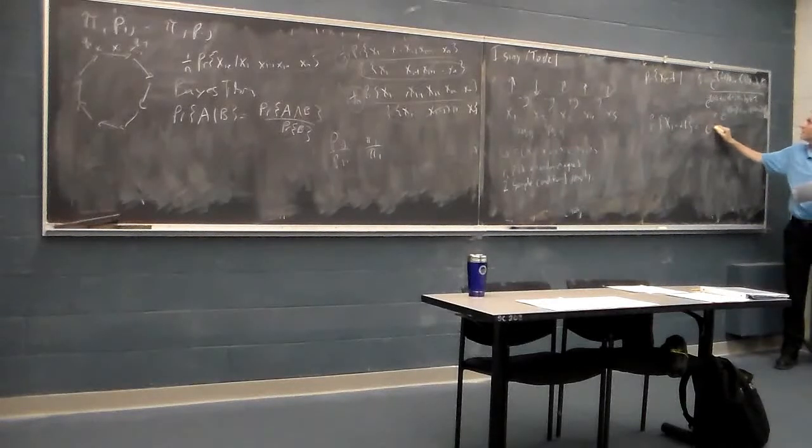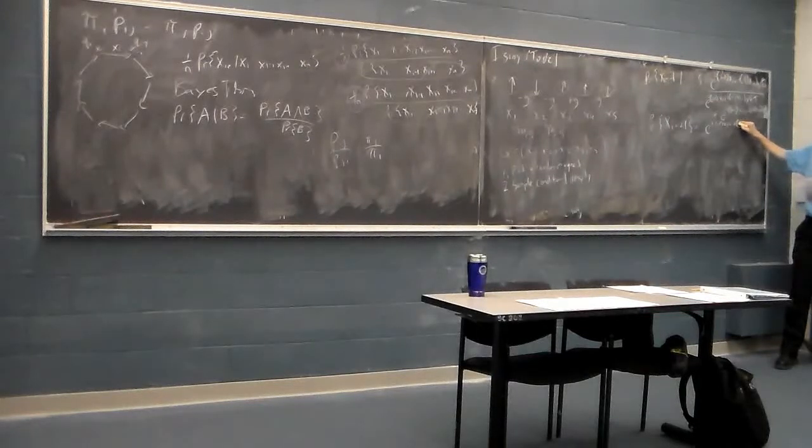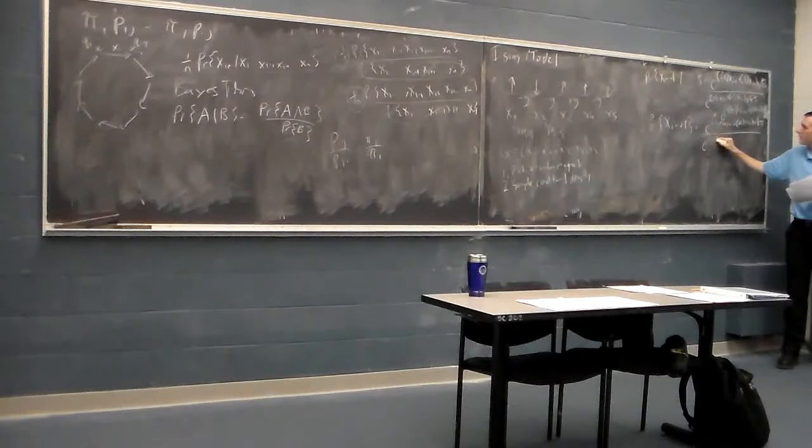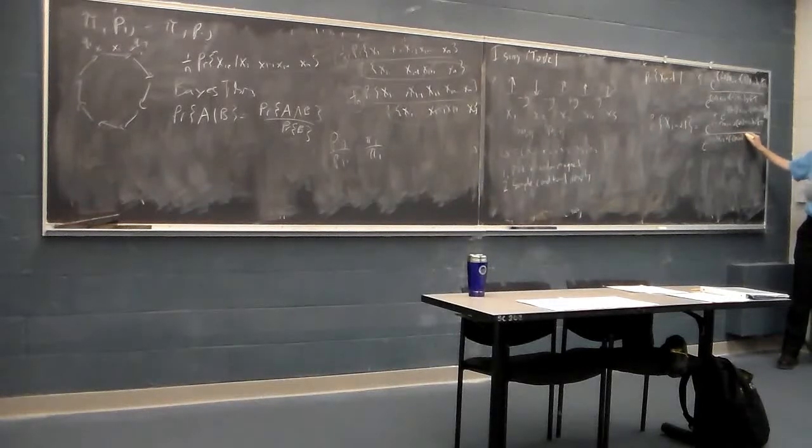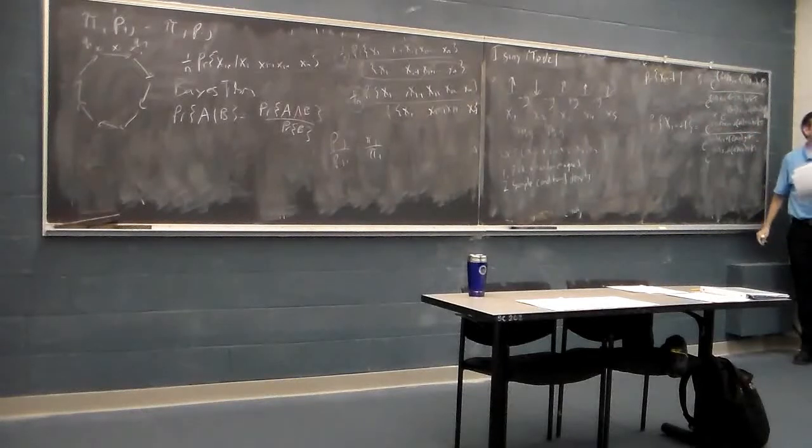So that's going to be e to the minus (+1 times xi -1 plus +1 times xi plus 1) g over kT, divided by the same denominator we have here: e to the minus (-1 times xi -1 plus -1 times xi plus 1) g over kT, plus e to the minus (+1 times xi -1 plus +1 times xi plus 1) g over kT. That tells us the probabilities of these two assignments.